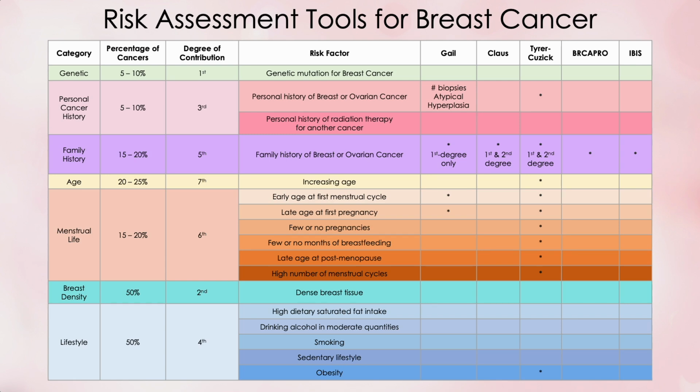And I've put stars in the cells to designate which risk factors each tool takes into account. And by comparing them, you can see that they definitely do not focus on the same risk factors. You can find this chart in the usual spots at menopausetailor.me or in the description box below this screen.